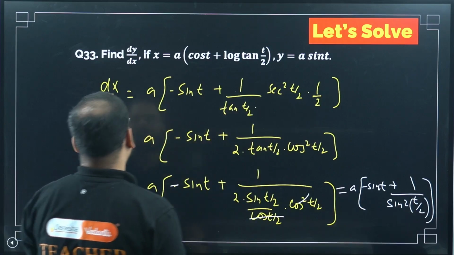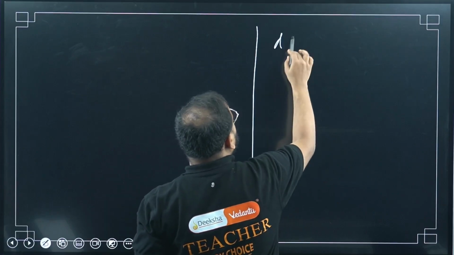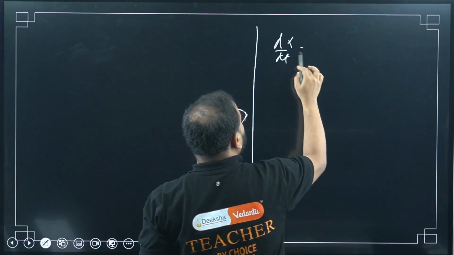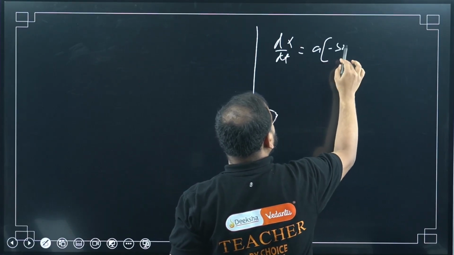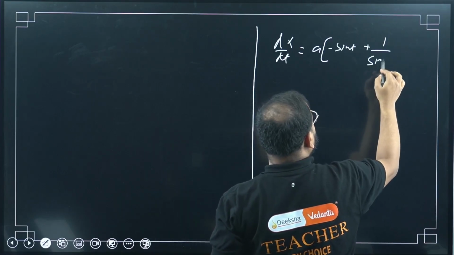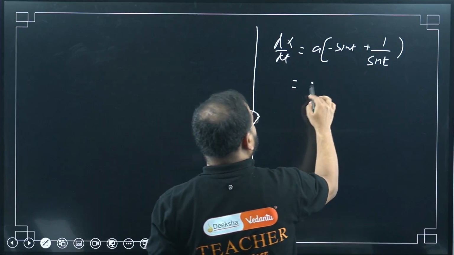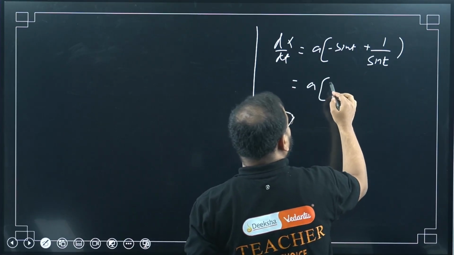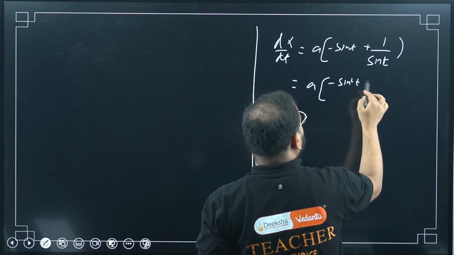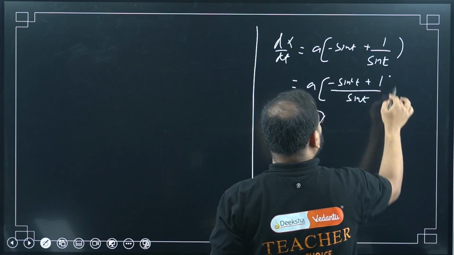Now what do I have? dx by dt is a as it is, minus sin t plus 1 upon sin t. Yes or no? Yes. So what does this become? Please check here. A will be what? Minus sin square t plus 1 upon sin t. Yes or no?